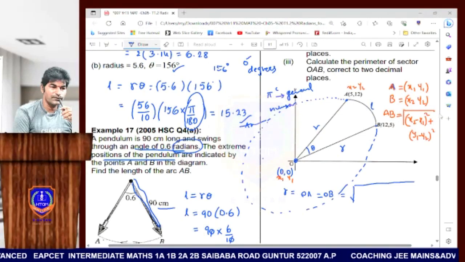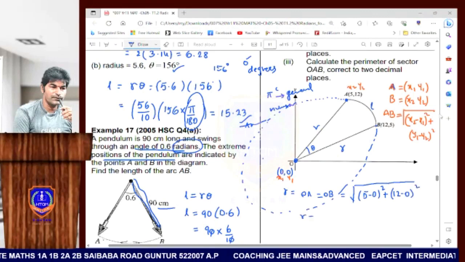The first point is the origin and the second point is capital A. Could you remember this formula? So write down x2 minus x1 whole square, that is 5 minus 0 whole square, plus 12 minus 0 whole square.